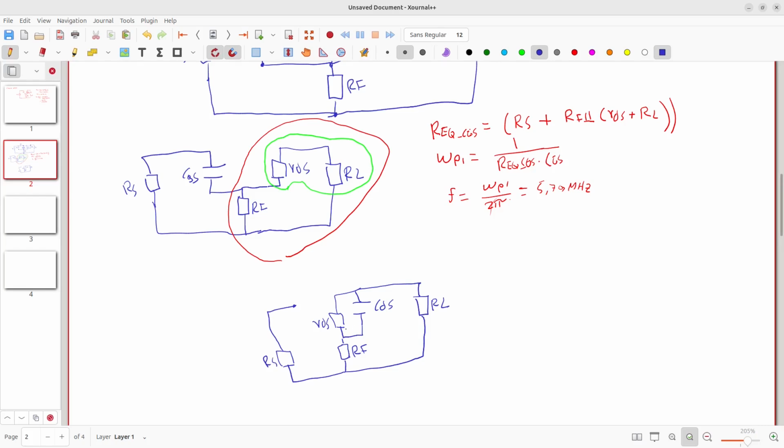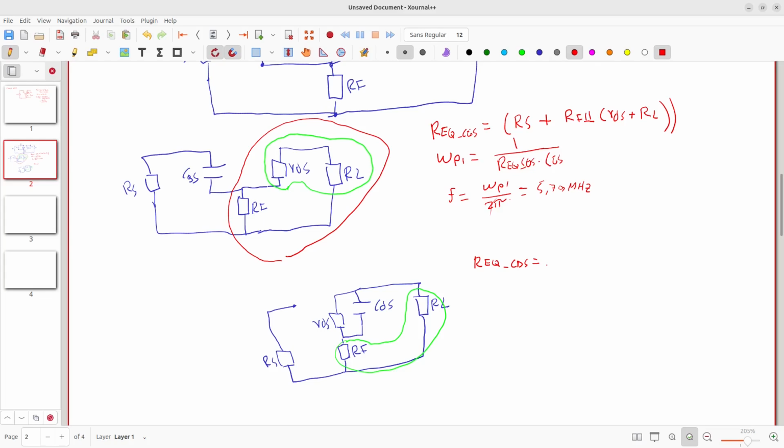So let's find the resistance that is facing CDS. R equivalent for CDS is going to be equal to, and we can see directly that these two resistors are in series and those will be in parallel to RDS.